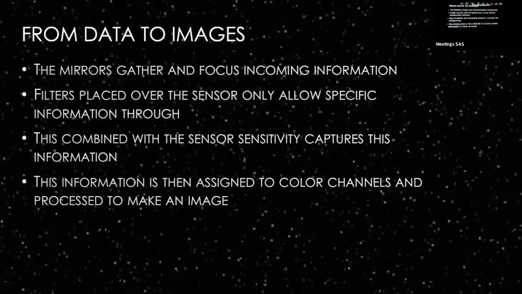Then this light going through those filters, combined with the sensor sensitivity, captures that information, and then that information is assigned to color channels and processed. Basically, what we are doing in all of astrophotography is presenting a visual representation of raw data that a digital sensor captured.